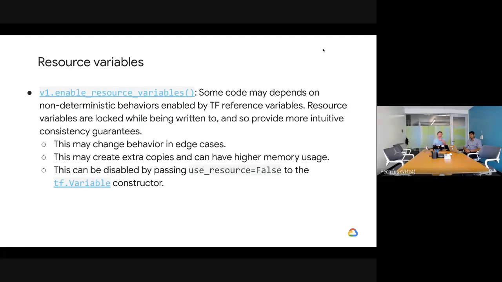Resource variables. You can do this too if you want to enable your resource variables. Some code may depend on non-deterministic behaviors of these resource variables. These are locked while being written to, to provide a more intuitive, consistent experience. It may change behavior in edge cases. It may create extra copies of variables and have higher memory usage.